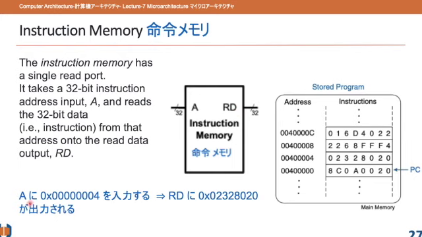For example, if the address A is 00000004, the RD will be this instruction, 0x2032. So this is the instruction memory: address and instruction.